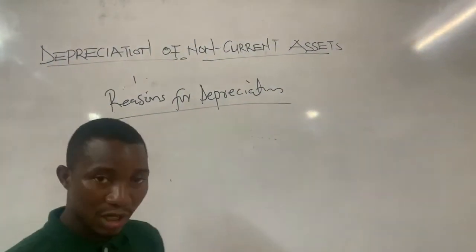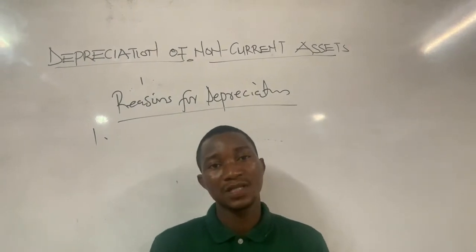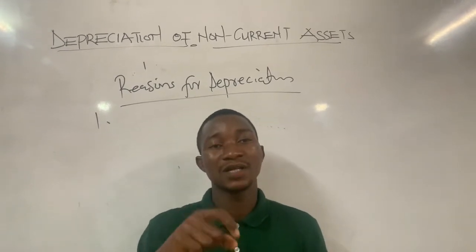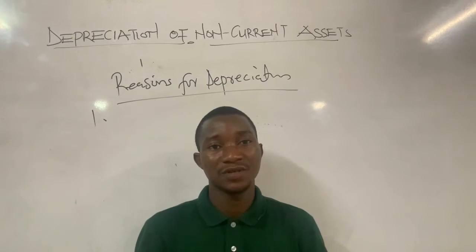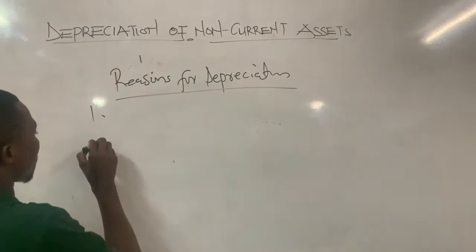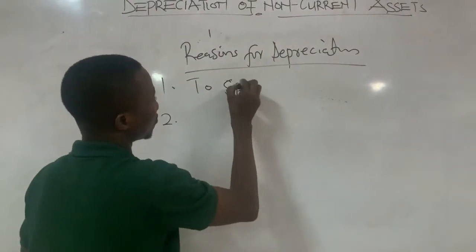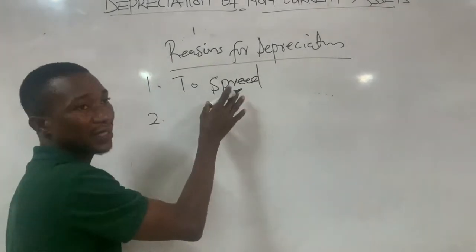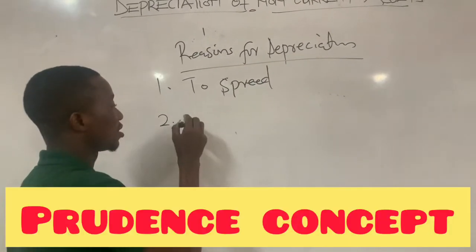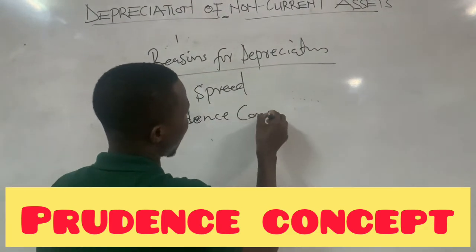I also like to talk about other reasons why we provide for depreciation. There are certain accounting concepts that talk about the reason why we make provision for depreciation. The first one is to spread the cost of the asset over its estimated useful life, and the second one is the prudence concept.